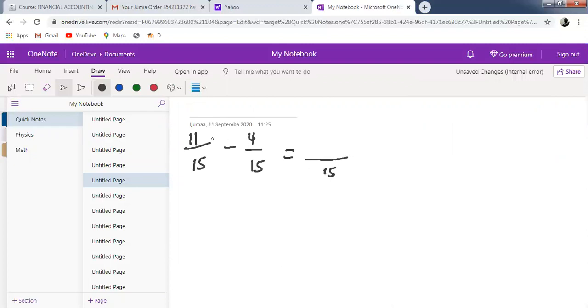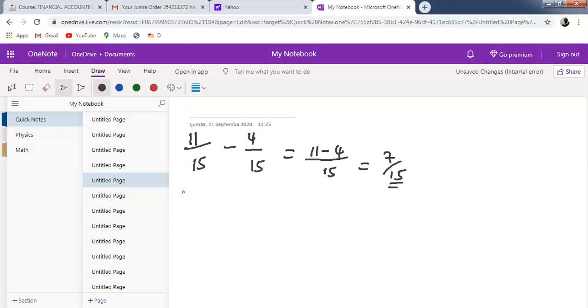Then you subtract the numerators, so it is going to be 11 minus 4, which will actually be equal to 7 over 15. So it is easier. When the denominators are the same, you just pick one of them to be the denominator of the answer. Then you just add or subtract the numerators.